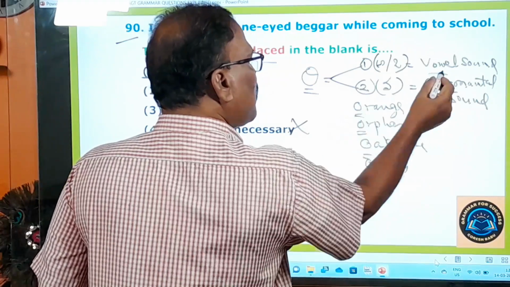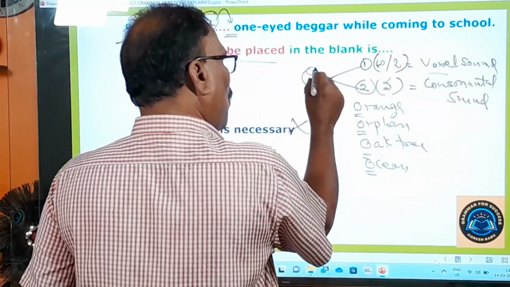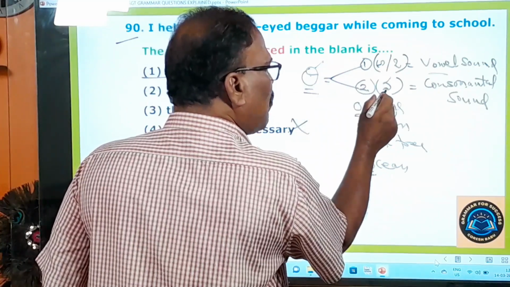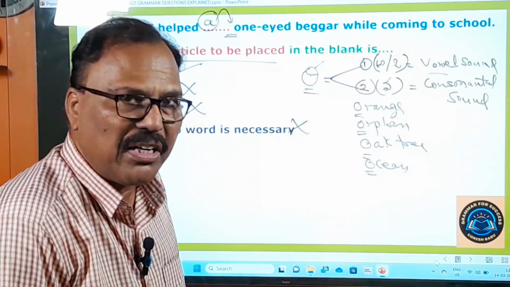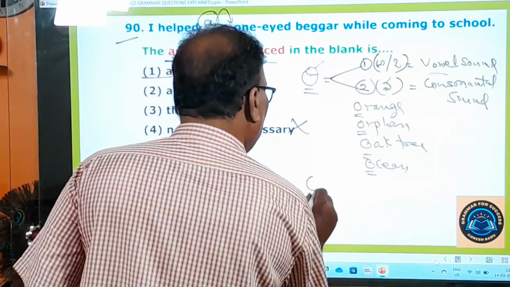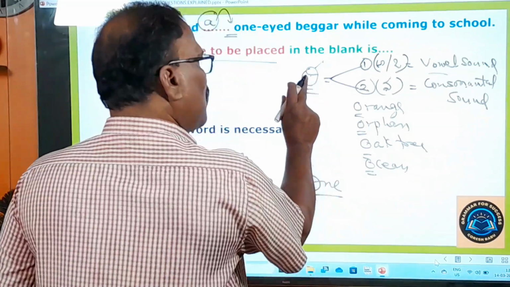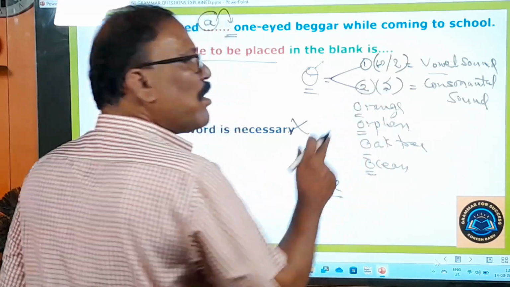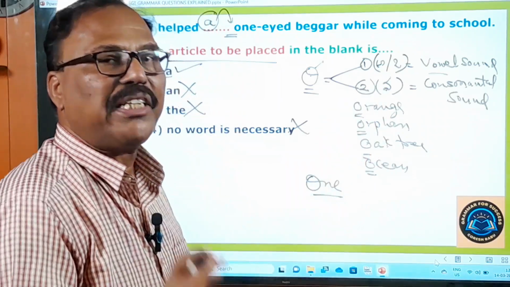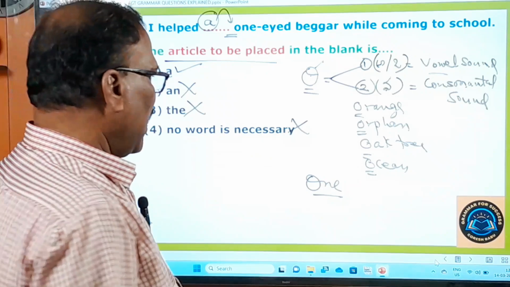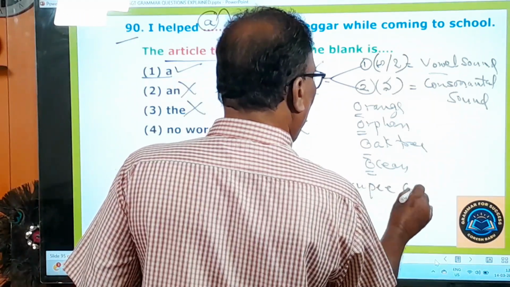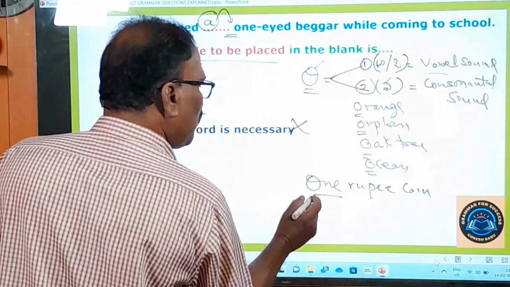These are all examples of the vowel sound of this O, and a wa sound is there. This O gives you the sound of wa only in one word, that is one. That's why one rupee coin.